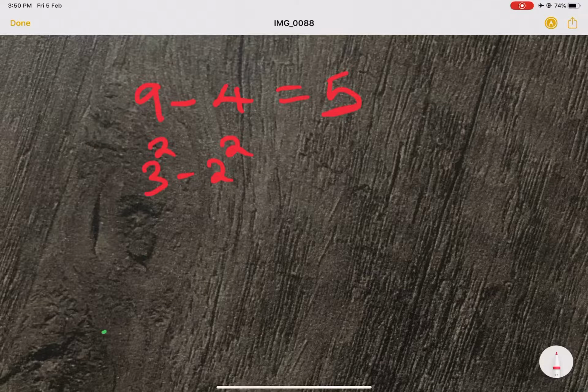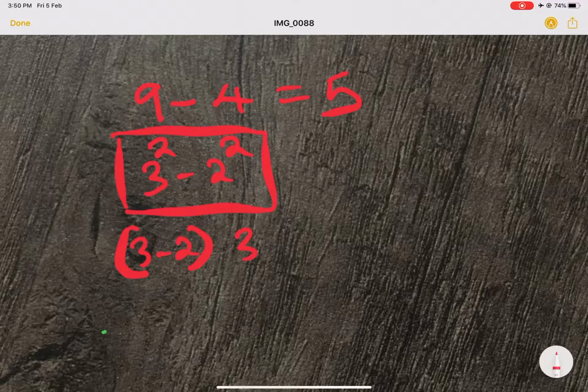And then here you can use difference of 2 squares, okay? This is the same as 3 minus 2, and also 3 plus 2, okay? 3 minus 2 is 1, and then 3 plus 2 is 5. 1 times 5 is 5. That's the reason why 9 minus 4 is 5, okay? So difference of 2 squares is a concept you can use to subtract perfect square numbers.